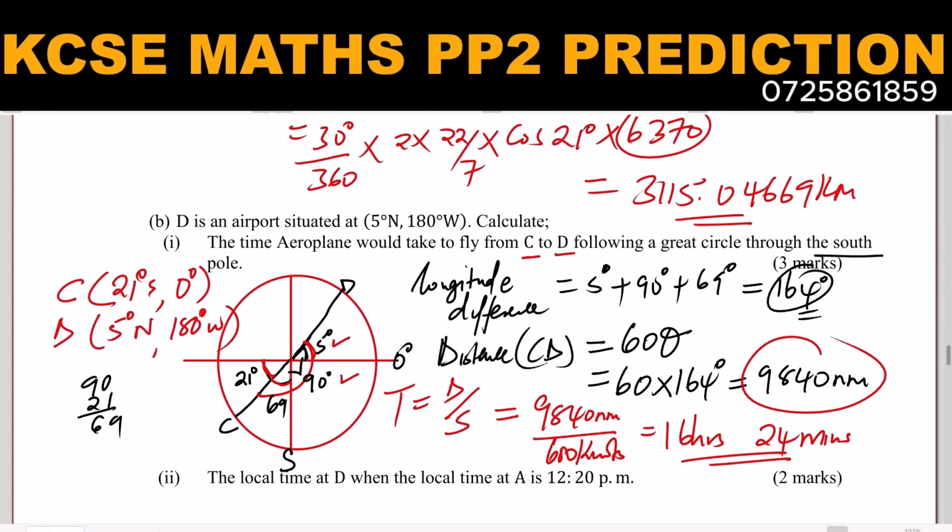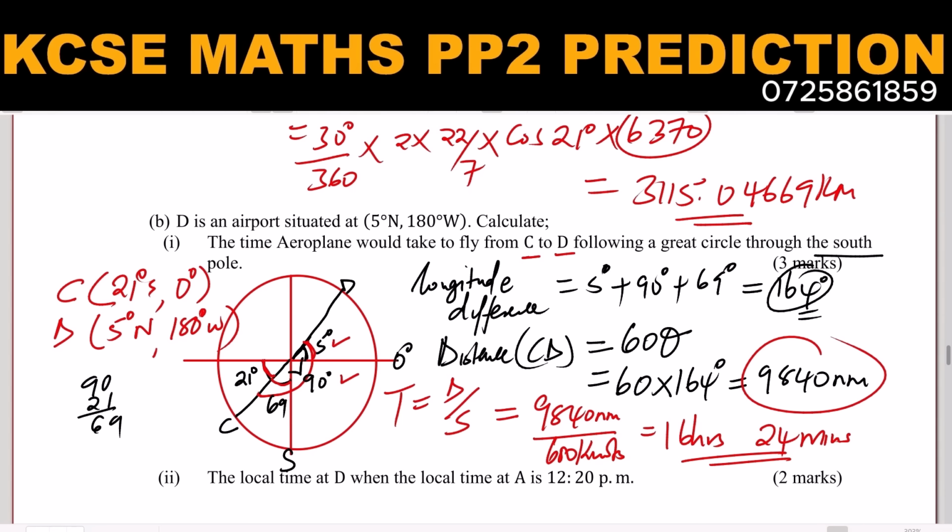So now you need to know which one will be ahead of time. You know, the places to the east of the prime meridian are always ahead of time. So between longitude A, 30 degrees west, and 180 degrees west, which one is to the east of the other? Which one will be ahead of time? 30 degrees west will be ahead of time, being more to the east than 180.